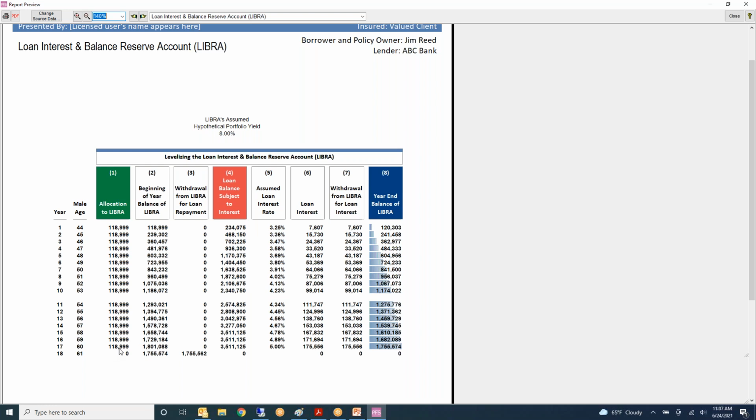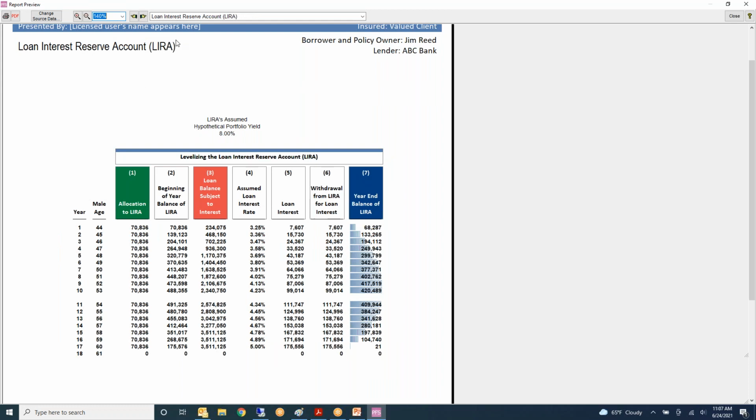So, okay, remember the premium is 237 or something. Here he's coming up with 119 to take care of both the loan principal as well as the loan interest. Next one, the Lira.